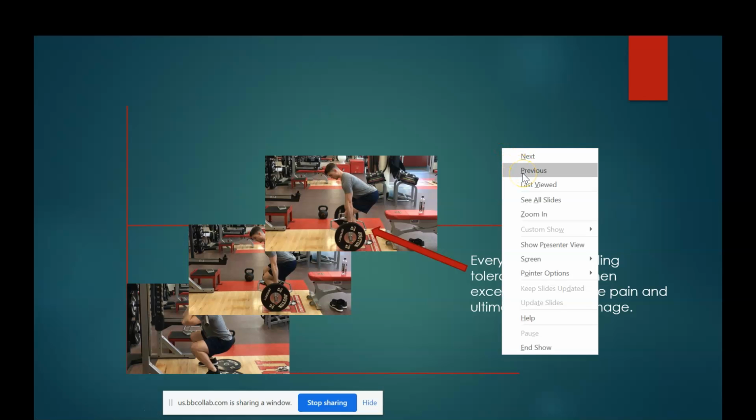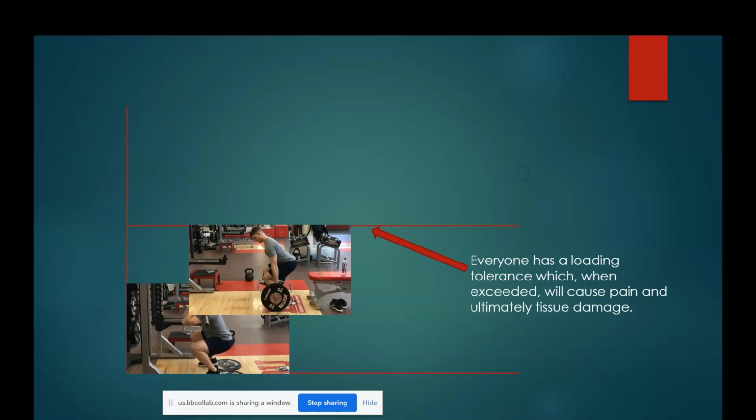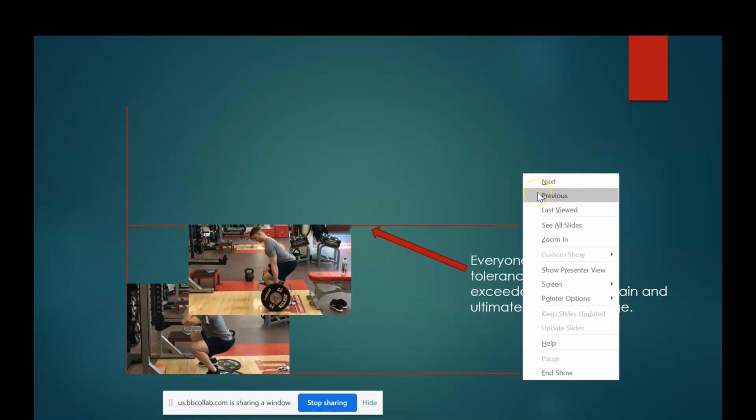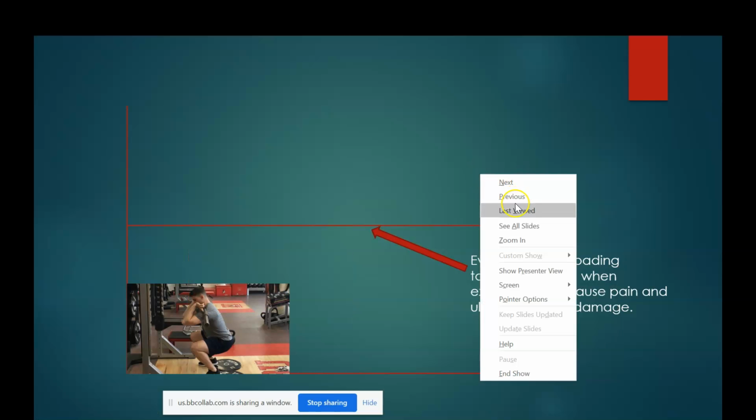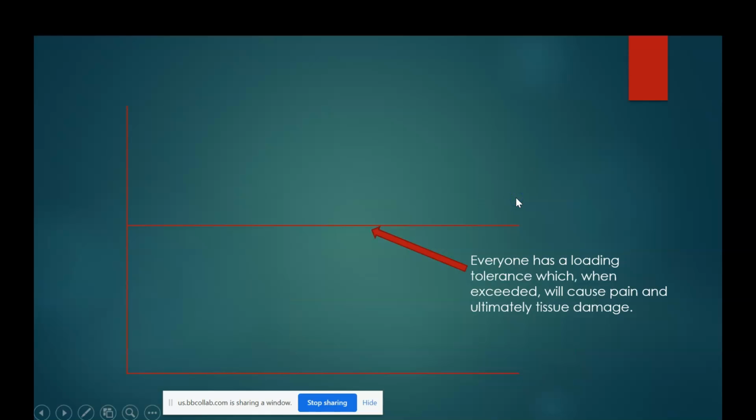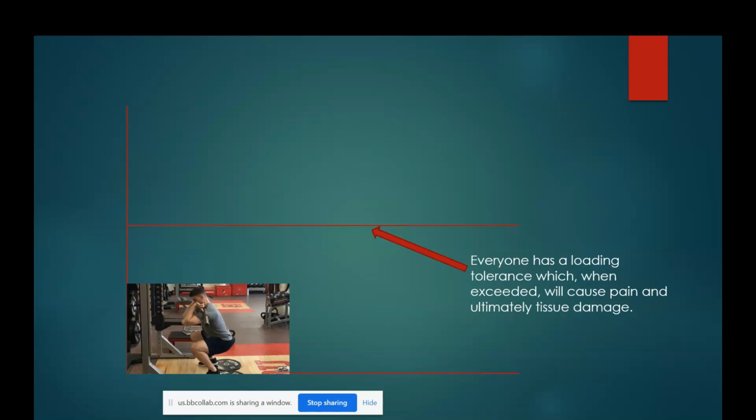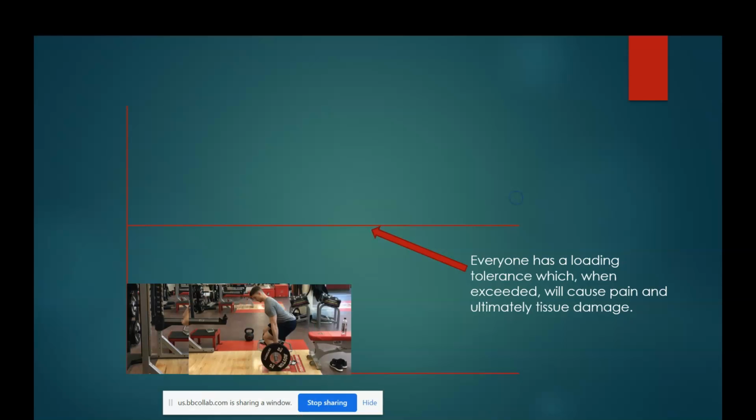Now what I want you to actually notice right now is that let's just imagine that the weight's the same, although it's not entirely. What you'll notice is that I'm having different external moment arms at my hips. So therefore the amount of stress that's going to be placed on my low back is going to be different. So in this case, small moment arm is at the hips, probably not too much stress on my back.